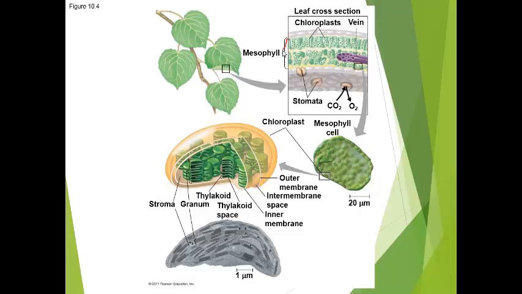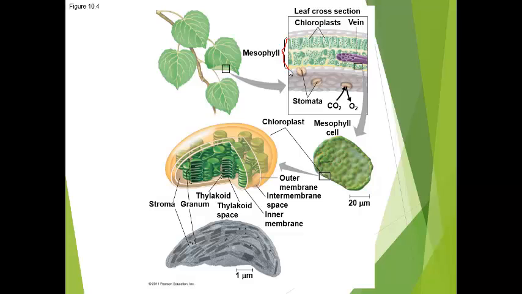There's two types of mesophyll cells. You have palisade parenchyma and you have spongy parenchyma cells. But this mesophyll of the leaf is a location that has cells that are going to perform photosynthesis. So these cells contain chloroplasts inside of them.